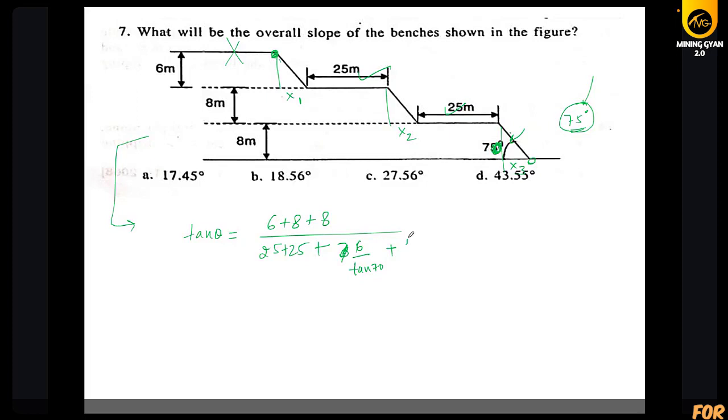So 8 divided by tan 70, and 8 divided by tan 70.